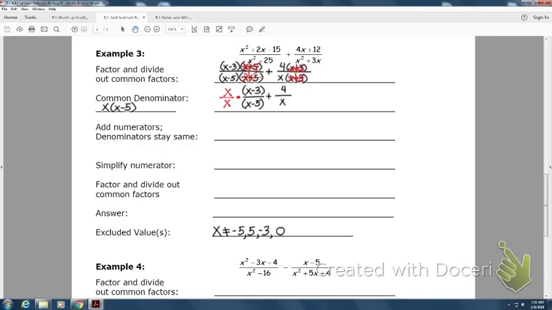Jeremy, the second fraction is missing what part of the common denominator? x minus 5. Once I have found the common denominator, I can combine them into one big fraction where that denominator will stay the same.